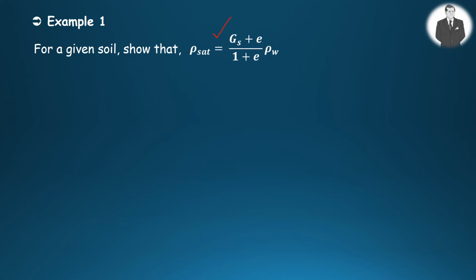Since the saturated density of soil is required, the soil physical model must be a two-phase system, namely soil solids and water.